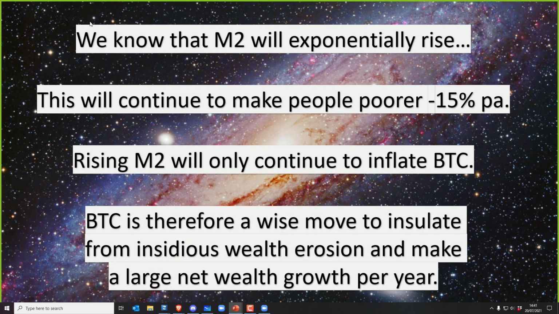And Bitcoin is therefore a wise move to insulate from insidious wealth erosion and make a large net wealth growth per year. I mean, Bitcoin's average 200% CAGR each year. Will it decrease? Yeah. But let's say over the next 10 years, whatever, it decreases to 100% CAGR or 50% CAGR. It's still freaking better than stocks, property.